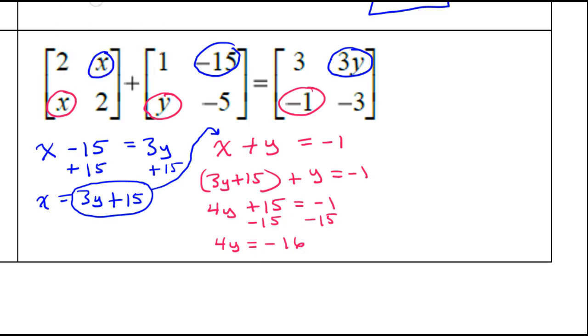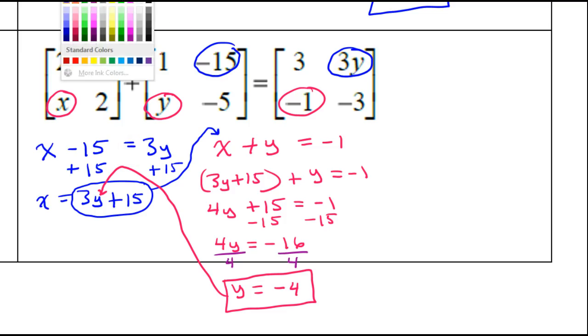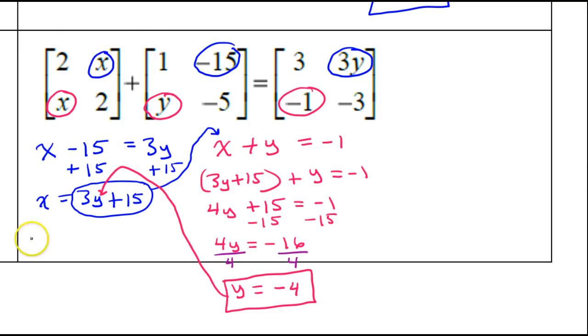All right, next I would divide both sides by 4. And that's going to give me y equals negative 4. All right, so that is my first variable, y equals negative 4. I can take this and substitute it back into the first equation to find x.